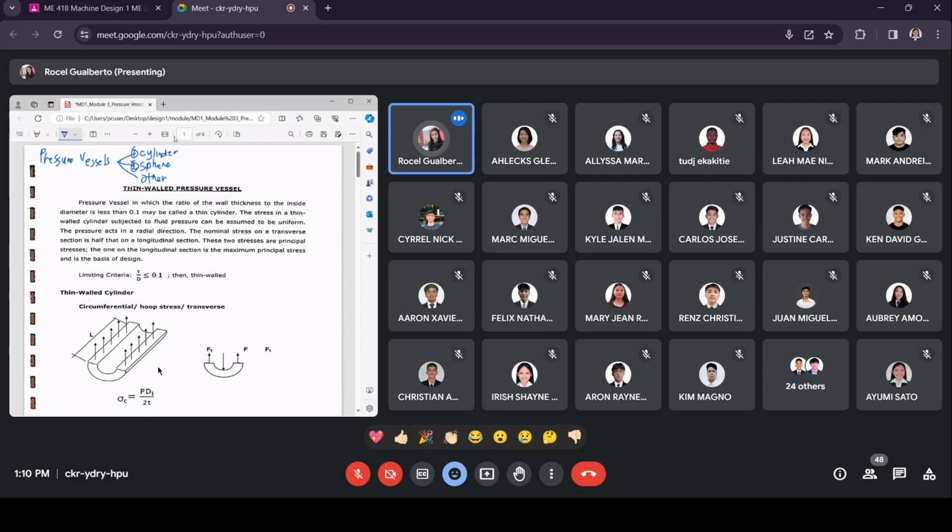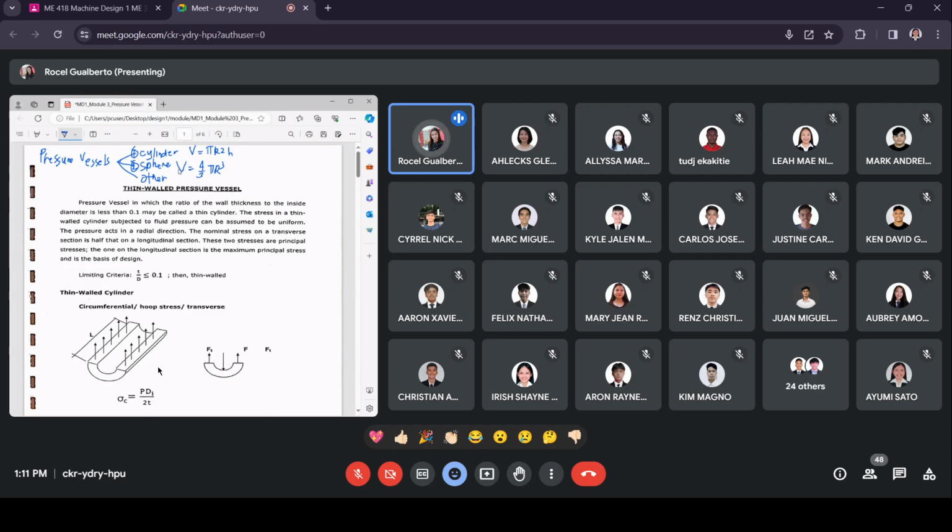We recall the volume of a cylinder: the area of the base, which is pi r squared, multiplied by the height of the cylinder. Whereas for the sphere, the volume is equal to 4 over 3 pi r cubed. These are the two equations which involve the volume of the cylinder and the sphere.